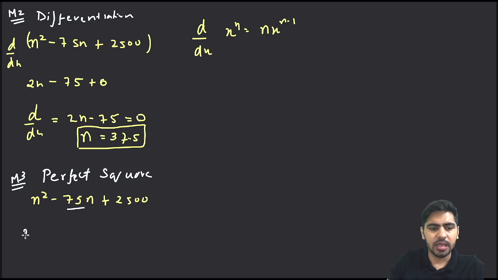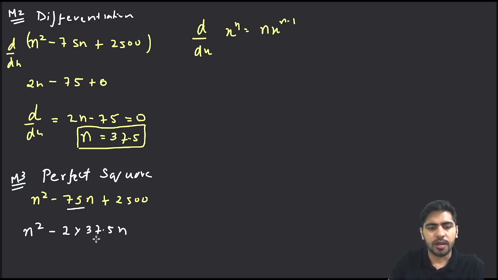So I can also split it. Either you add and subtract the square of half of the coefficient of n, so basically half of 75 is 37.5, you add a perfect square of 37.5 and subtract as well. Or what you can do is write n square minus 2 into 37.5 into n.